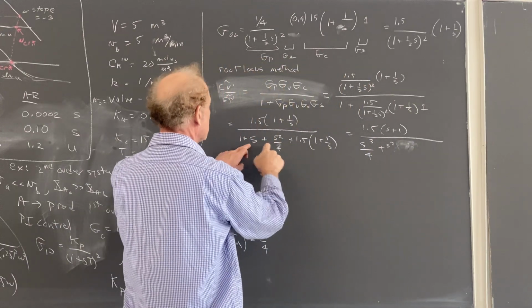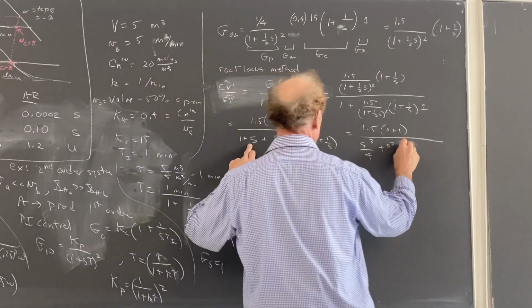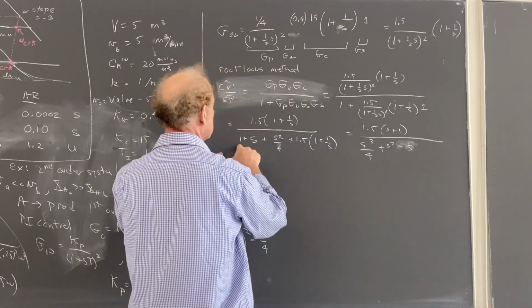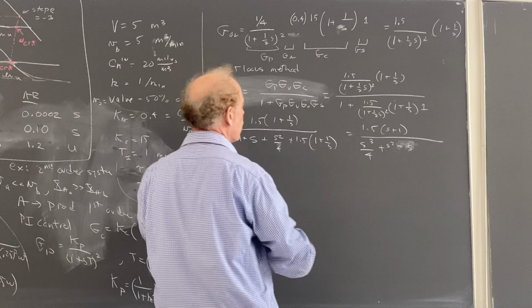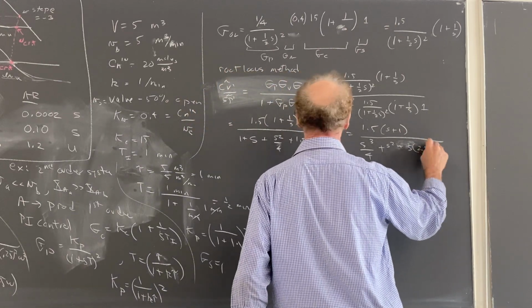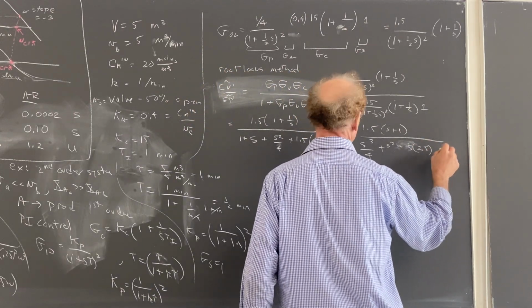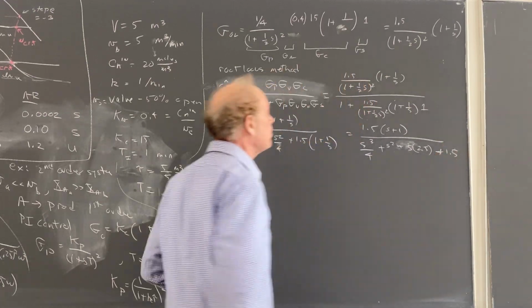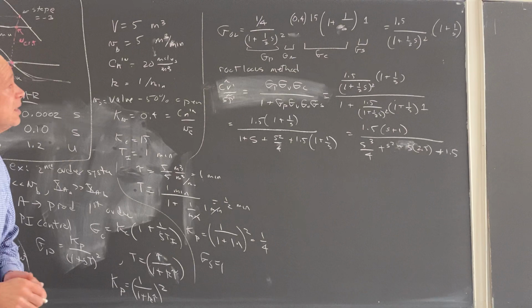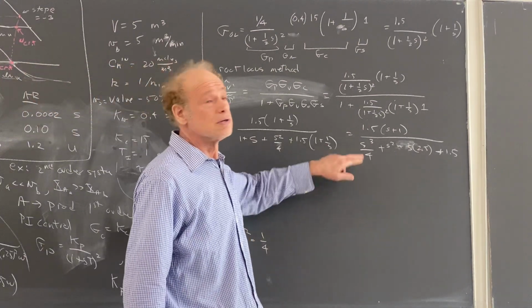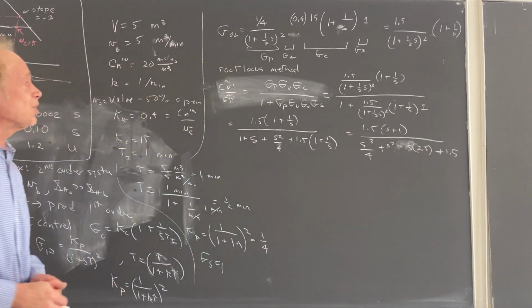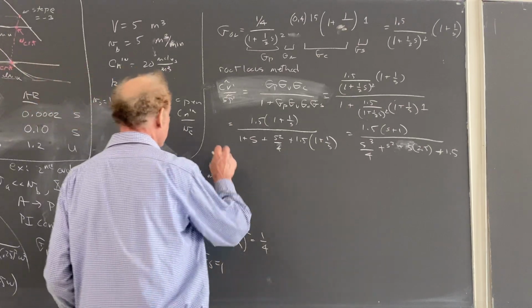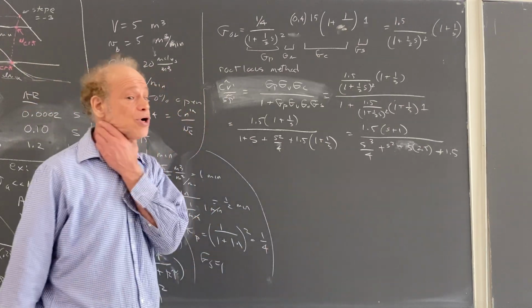S times s is just s squared, that's fine. And then I have plus s times 1 plus 1.5 is 2.5 plus 1.5. So if I haven't made any arithmetic mistakes, here I have my cubic equation. And if I've done the cubic equation right, we can find the solutions to that cubic equation.